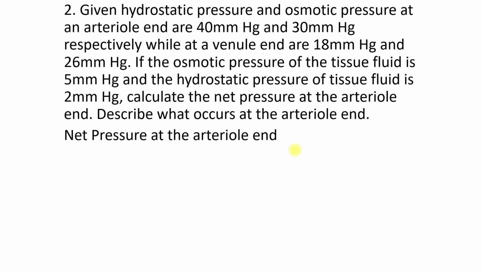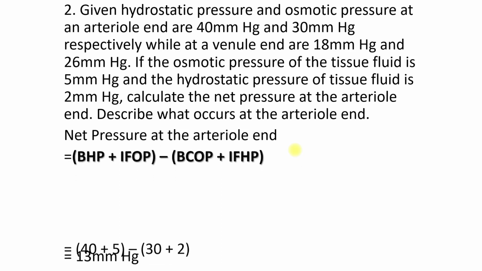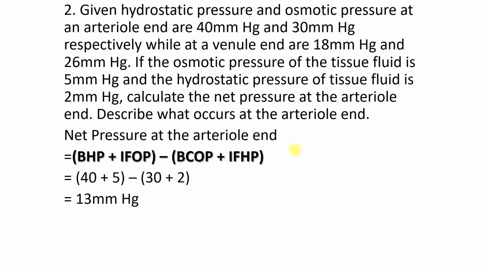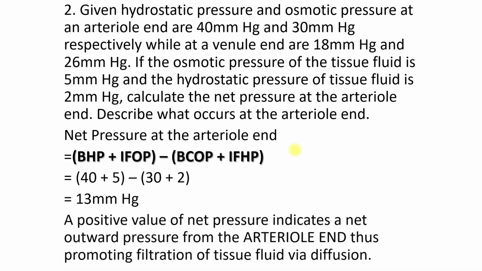So the net pressure at the arterial end, we give you 13 millimeter mercury. So what occurs at the arterial end? Like what I mentioned earlier, a positive value of the net pressure indicates a net outward pressure from the arterial end, thus promoting filtration of tissue fluid via diffusion.